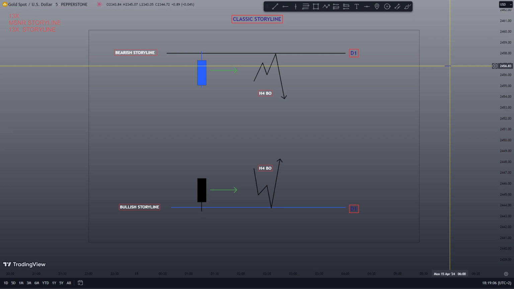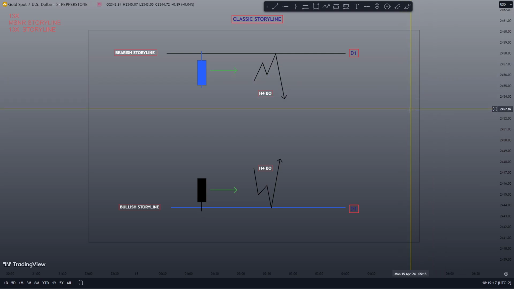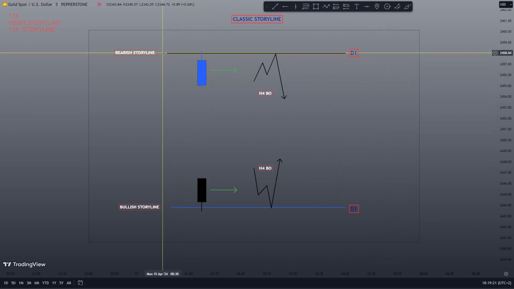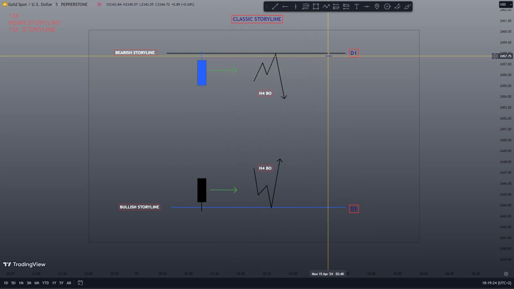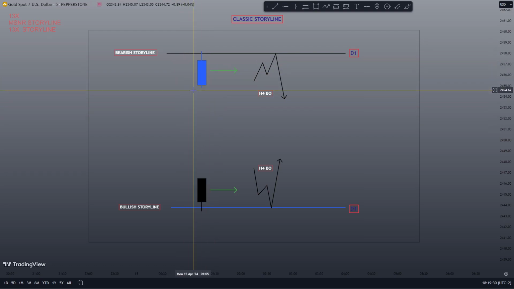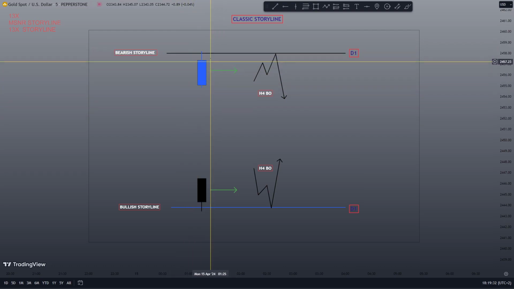In order to say that a bearish storyline or a bullish storyline has started, we need two or three main confluences. First one, we need a daily fresh level. Second one, we need a daily rejection.